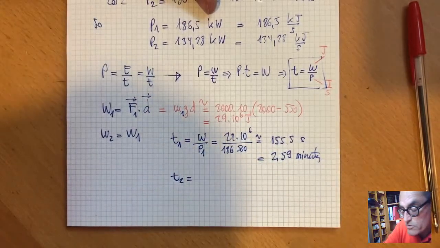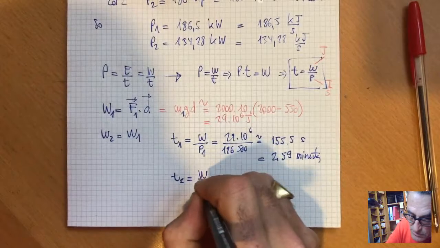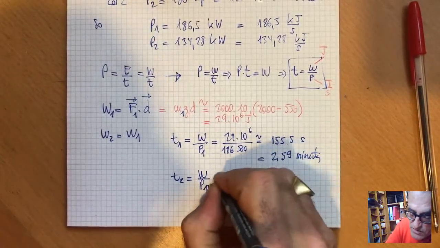Now what about the second car? It's obviously going to take more time because it's less powerful. Indeed, the time for the second car is the work divided by the power of the second car.